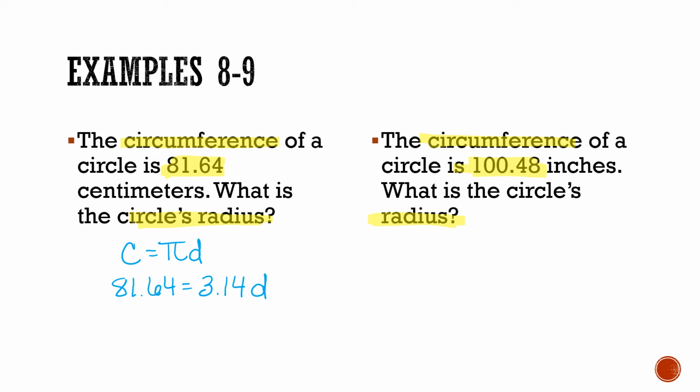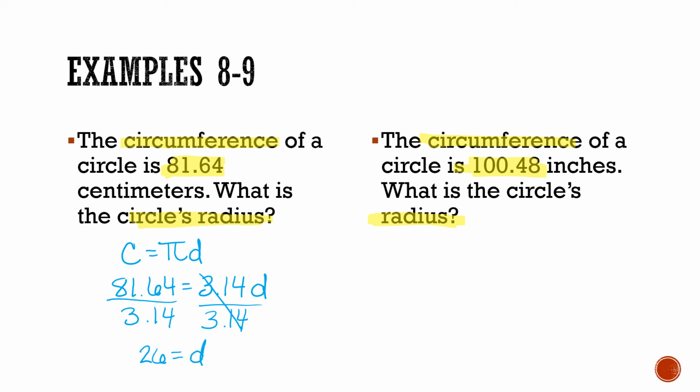So to get the diameter by itself, our variable D, we're going to divide by 3.14 on both sides of our equation. Using our calculator, we'll do 81.64 divided by 3.14, which gives us 26 equals D, which is our diameter.